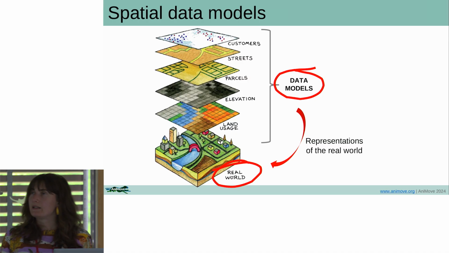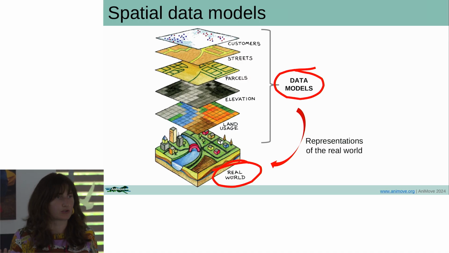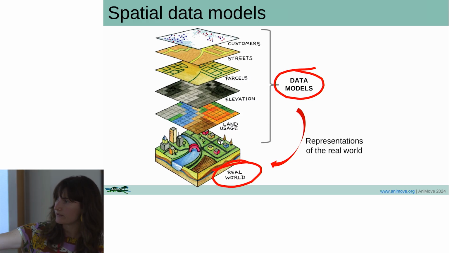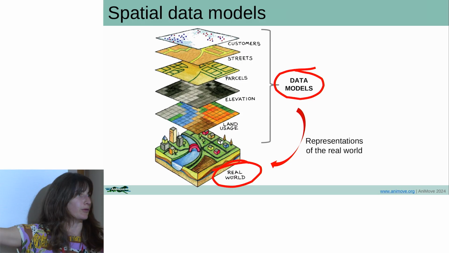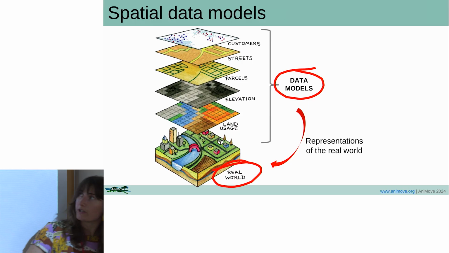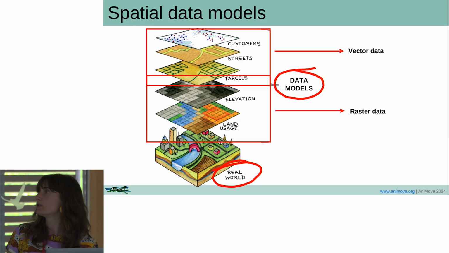So now that we agreed on how we define space, how do we use these coordinates? The main purpose of using coordinates is to represent the real world in some form that we can analyze or quantify. So there are spatial data models, and we divide them mainly in two main groups.